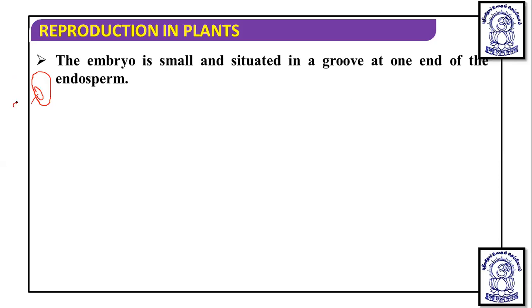So this is the embryo. Means this embryo is small and situated in a groove at one end of the endosperm. Okay, because here we have seen the presence of endosperm.